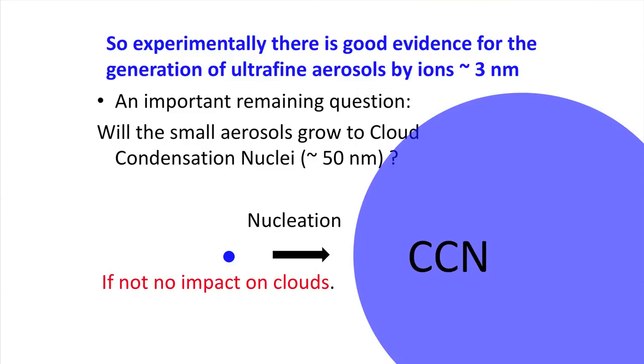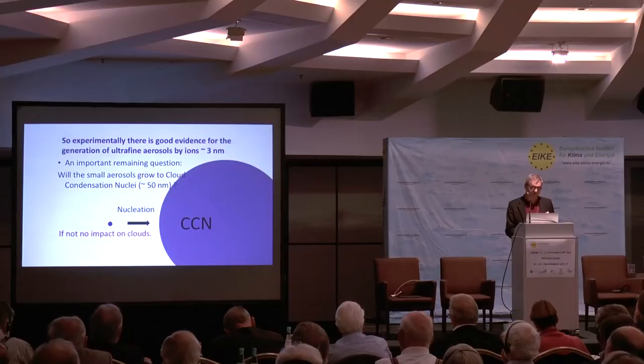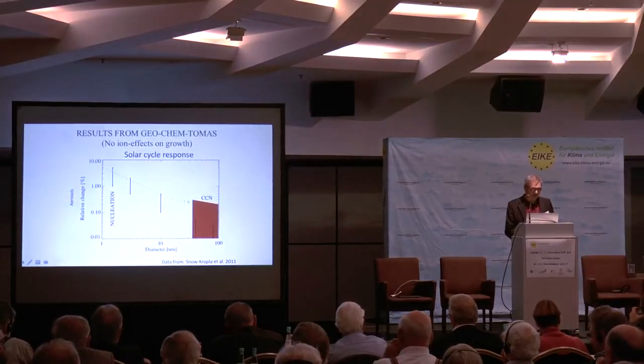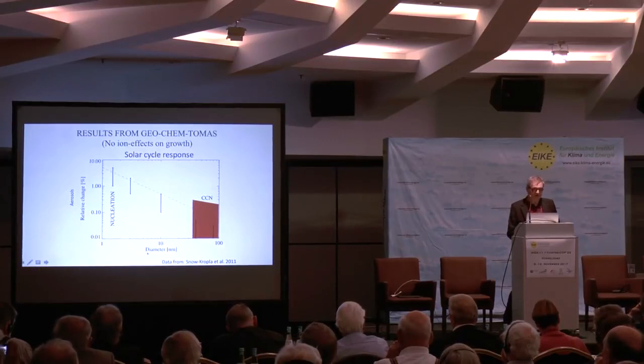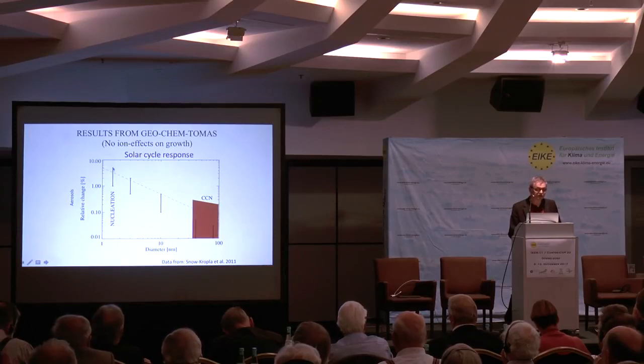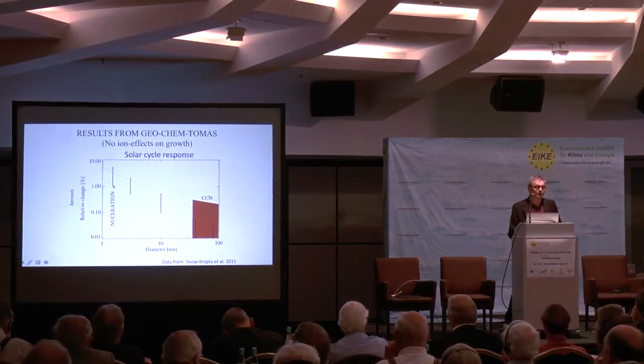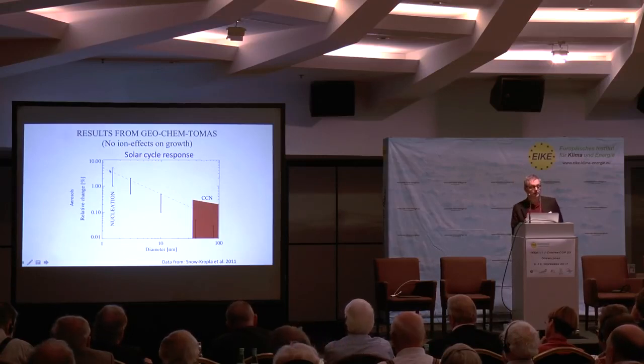So there were several groups that started to look into this problem, and what they did was that they used global circulation models to test these ideas. They had a global climate model, and then they injected very small particles on the order of 1 nanometer, and they increased the number by about 5%. So it corresponds to the increase in nucleation that you have over a solar cycle.